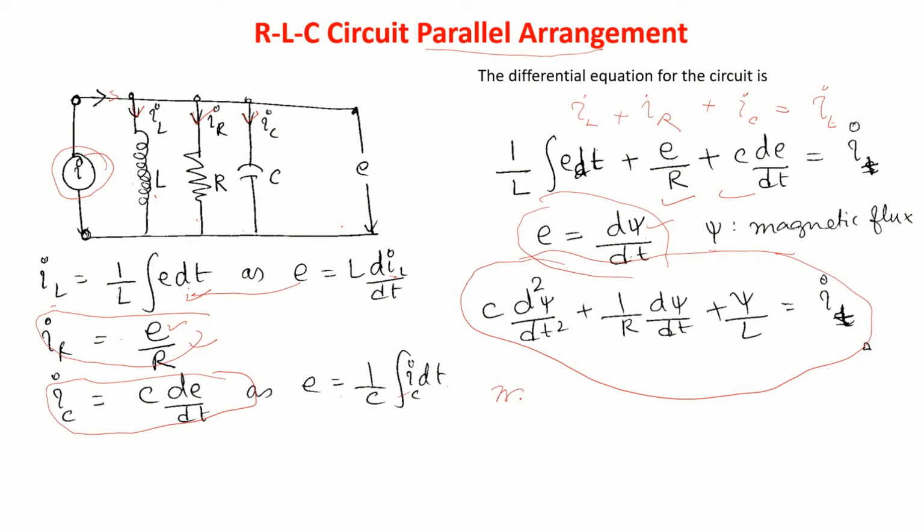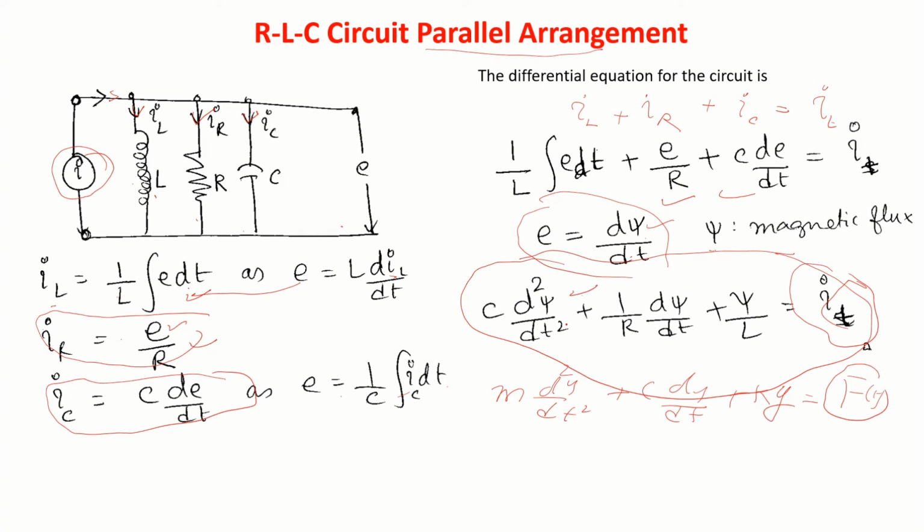You can compare this equation with m d²y/dt² plus c dy/dt plus ky equal to f(t). Now the force is represented by its current, so that's why it's called force current analogy.